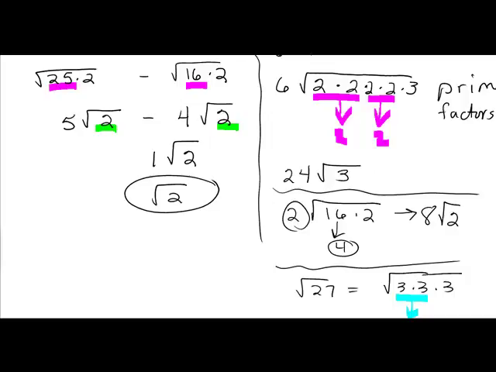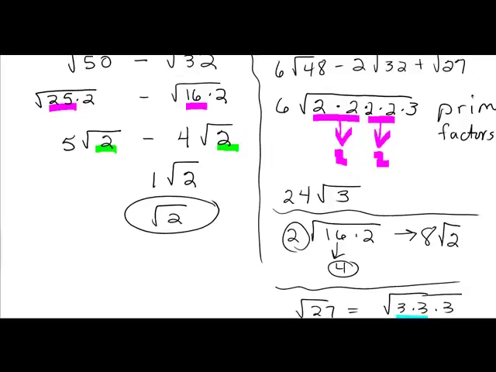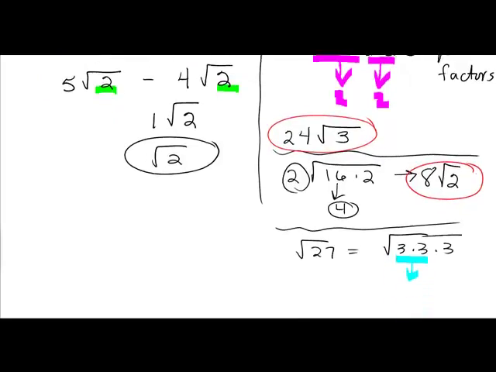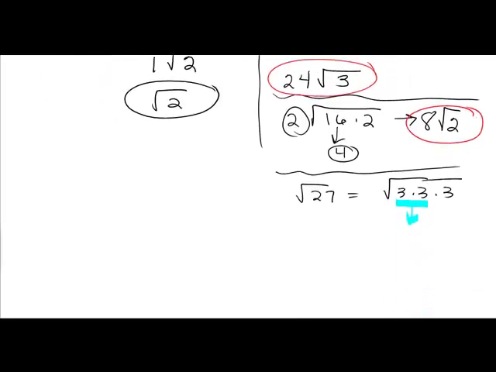We're going to have the 24. So I'm going to kind of circle these. This was the first one. This is the second one. And then this one will be 3 on the outside and 3 on the inside. So here's my third term.